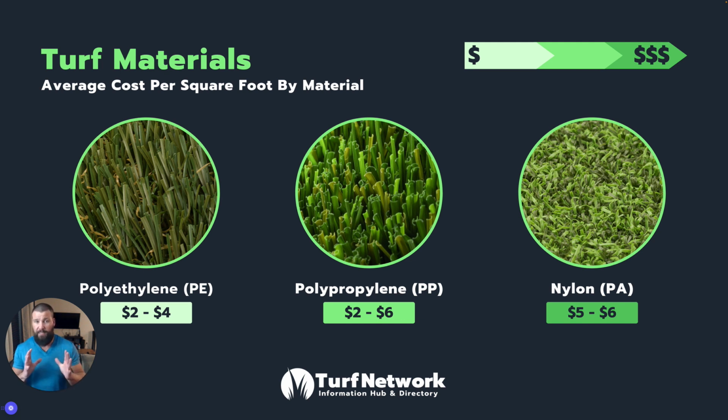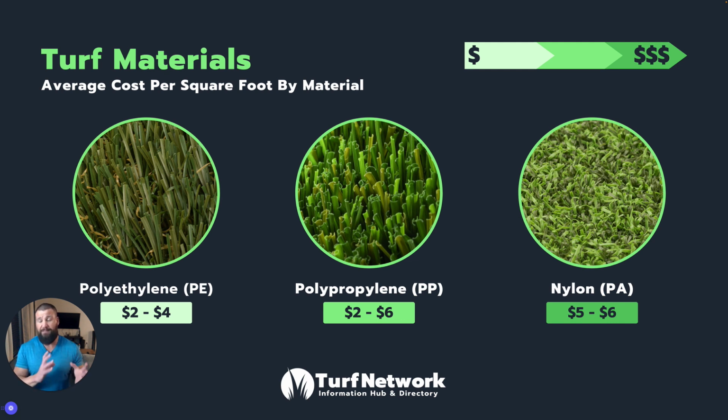Nylon isn't used on many regular turf products. It's largely used on putting greens. There are some brands like Canine Grass, which specializes in making artificial grass specifically for dogs. I believe their turf products are nylon.